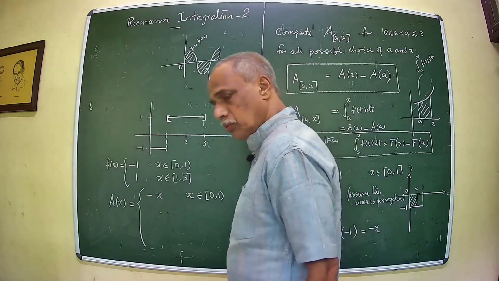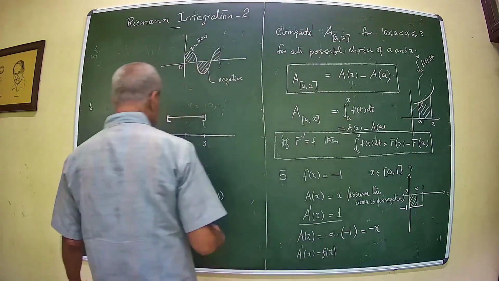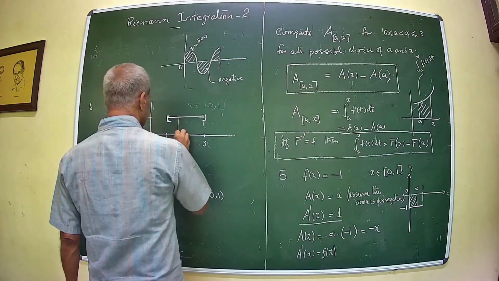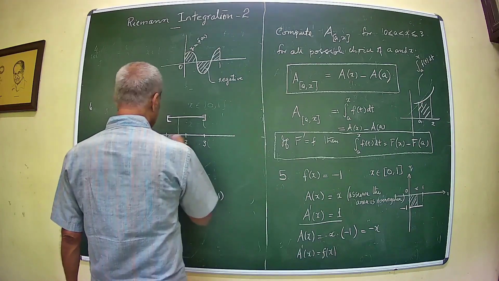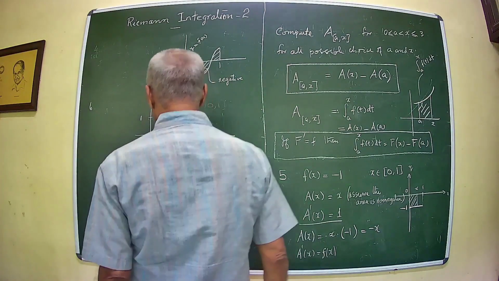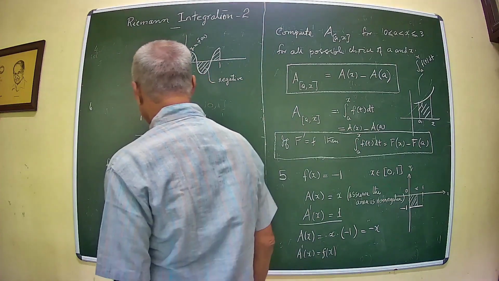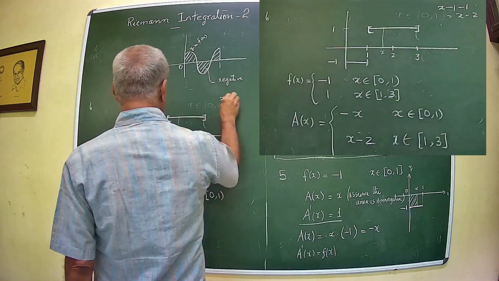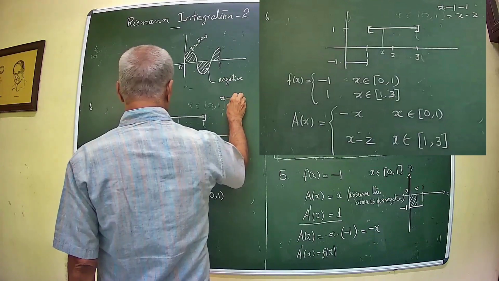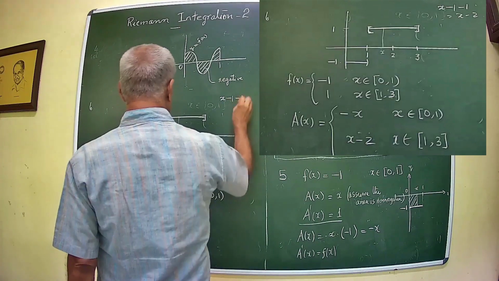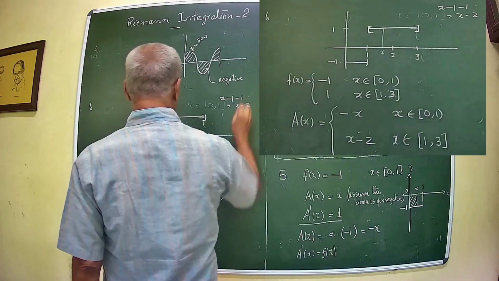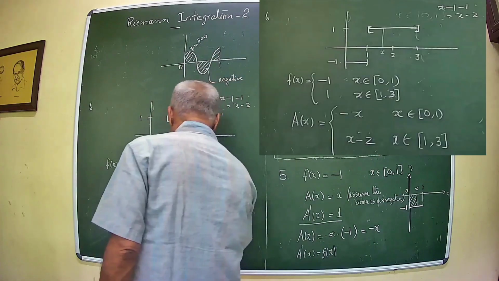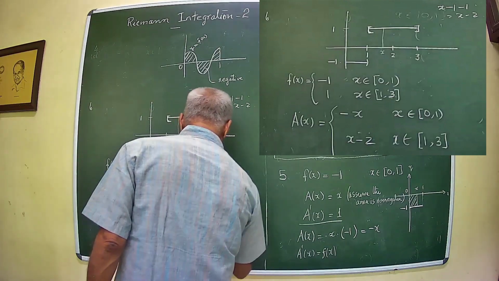Let us compute this. So this x is here, this is going to be x minus 1 into 1, so x minus 1 minus 1. So this is going to be minus 2 for x belonging to 1 to 3.